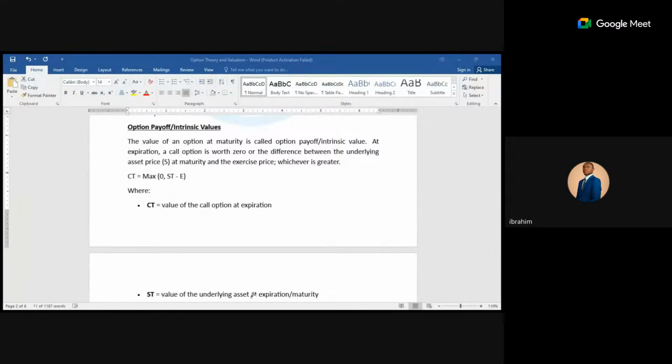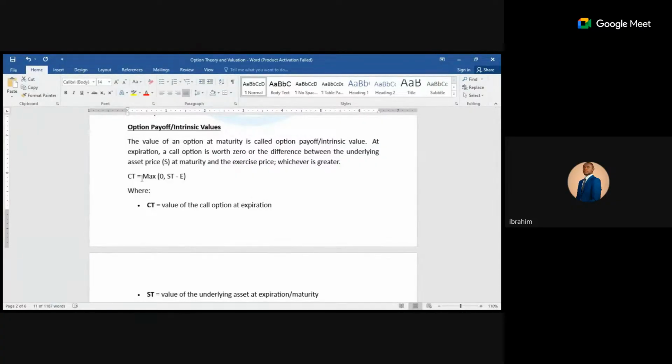Class, then we pick it from call option is what? 0, or the difference between the underlying assets at maturity and the exercise price, whichever is greater. Now, this is how to determine the intrinsic value of a call option.